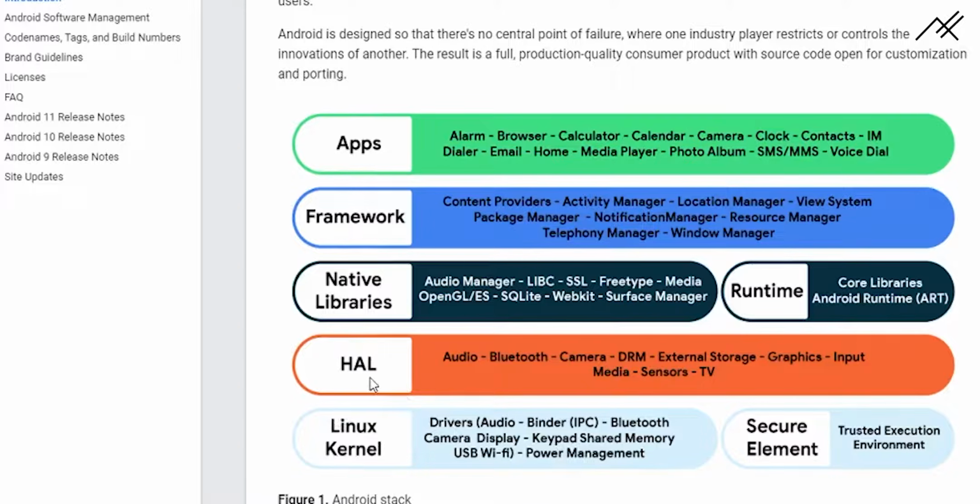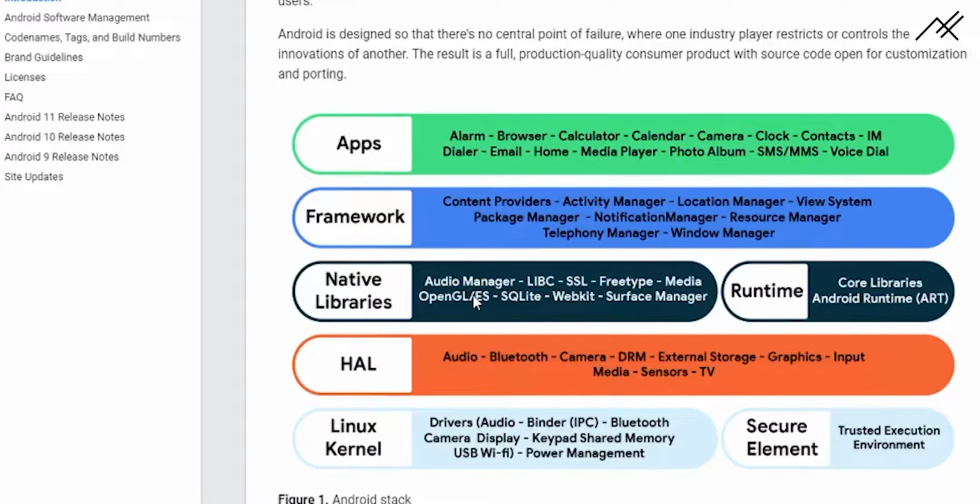And second, we have the HAL, which is something in between, like an agent between the hardware and the software. This HAL will enable some other features to make the hardware work to some extent. And then we have native libraries which will store all the data and those things.